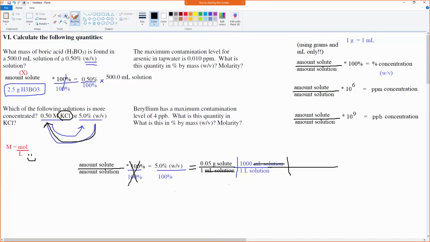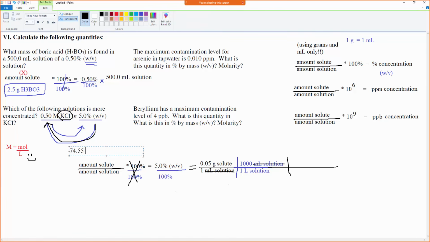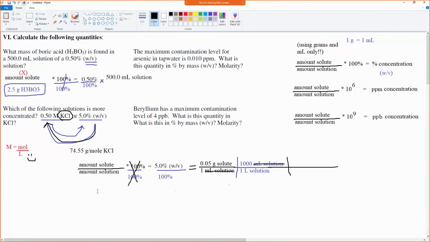Sarah has calculated that, and that looks about right, to say 74.55 grams per mole of KCl. Sarah always says AMU, which is the number of atomic mass units in a molecule, but it's the same as the number of grams in a mole.